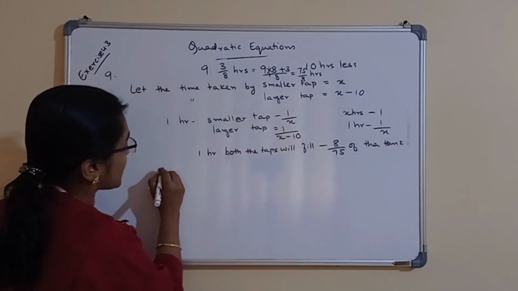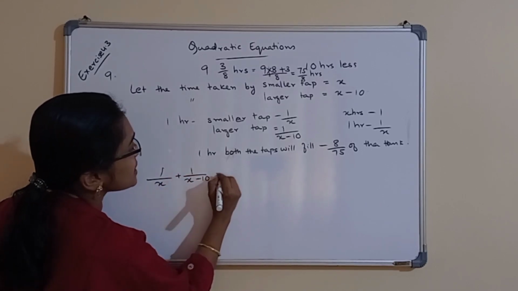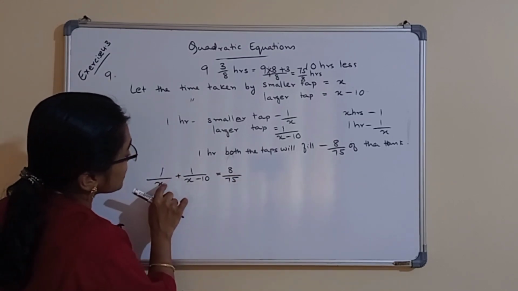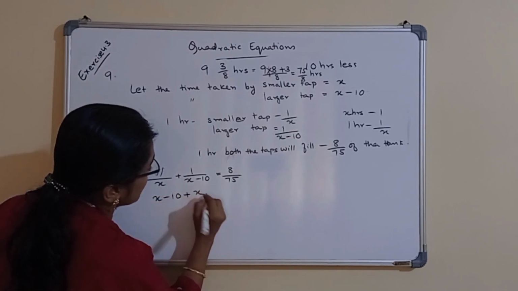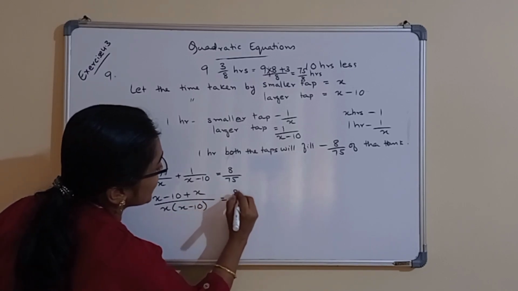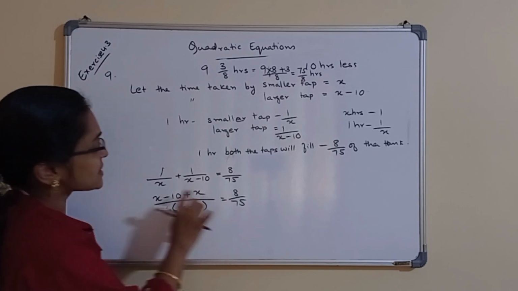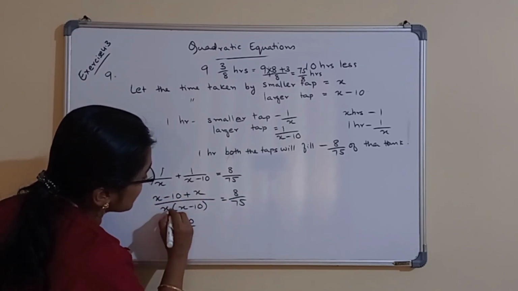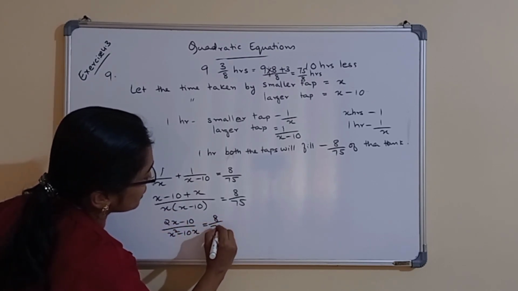So 1 by x plus 1 by x minus 10 is equal to 8 by 75. Now if we add this, we will get x minus 10 plus x by x into x minus 10 is equal to 8 by 75. Which means this is 2x minus 10 and this is x square minus 10x, equal to 8 by 75.